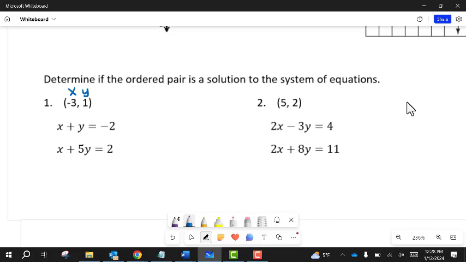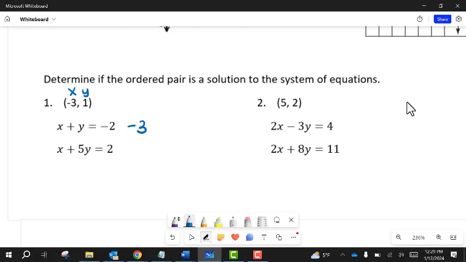So we're going to verify whether these are solutions by plugging those in. So I would have -3 for my x plus 1 for the y equals -2. And when I simplify -3 plus 1, that is -2. So that works. Then I need to double check that it also works for the second equation.